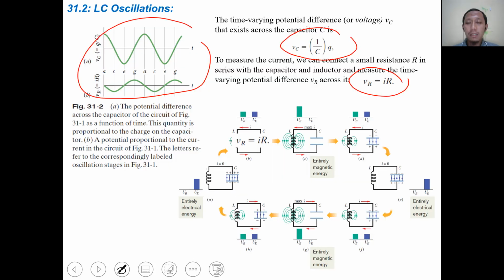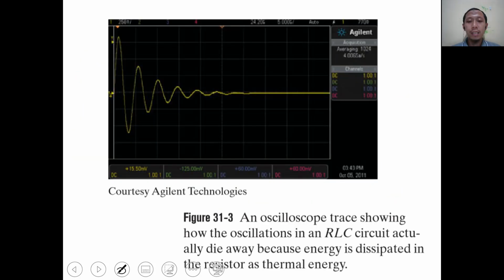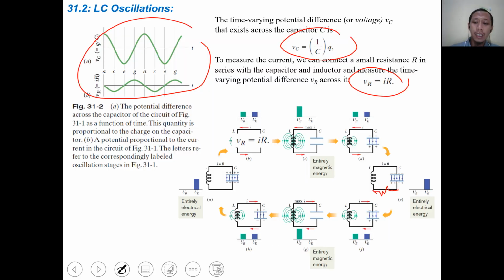And then if we insert a small resistor in this circuit, for example, I put the resistor here and connect it to this node, it will absorb the energy in the capacitor and inductor. So we can see the electromagnetic oscillation before: if we only connect an ideal inductor and capacitor, we get a pure sinusoidal like this one.